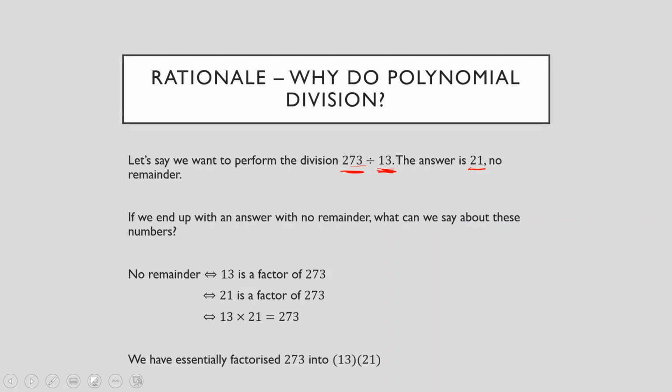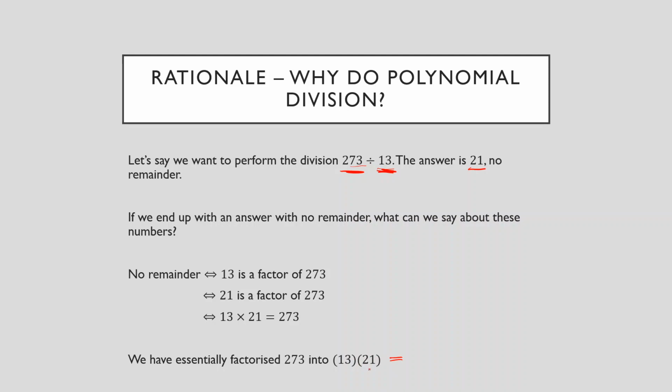What we've actually done is factorize 273 into 13 times 21. 13 itself is a prime number, so we can't divide that anymore. If we really wanted to, we can continue this factorization because we can factorize 21.